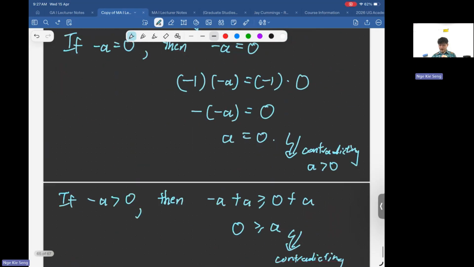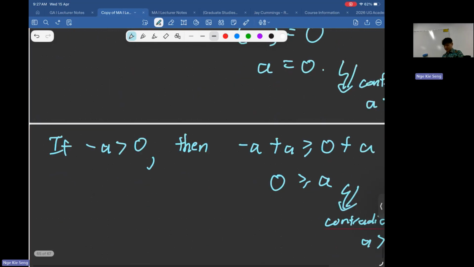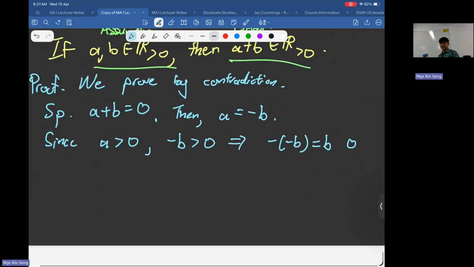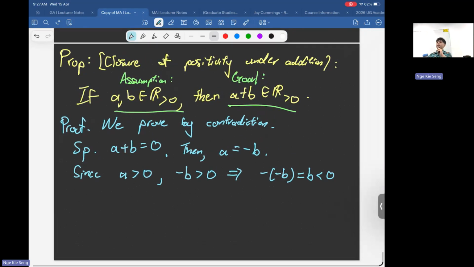Please remember whatever we proved before, we are ready to use it. So if A is positive, minus A is negative. So if minus B is positive, minus B is negative. So this says that B is less than 0. But you started with B greater than 0.